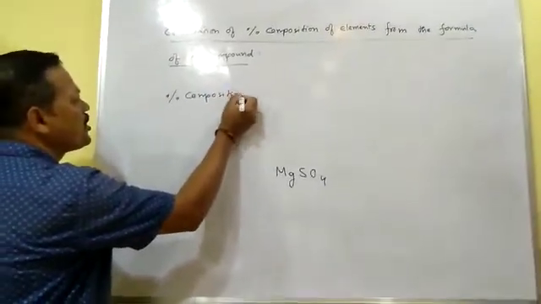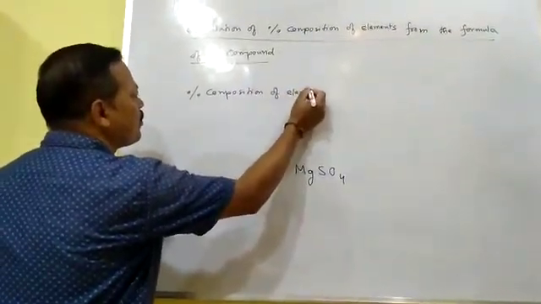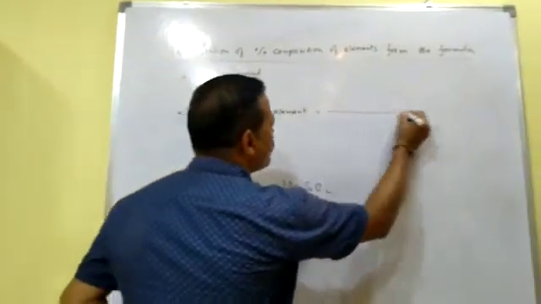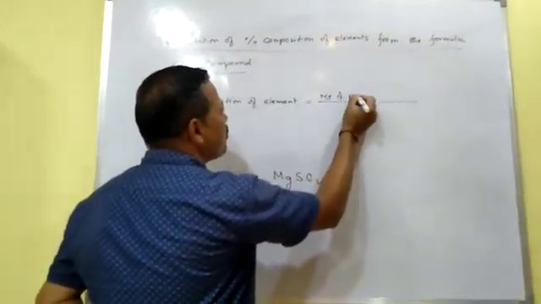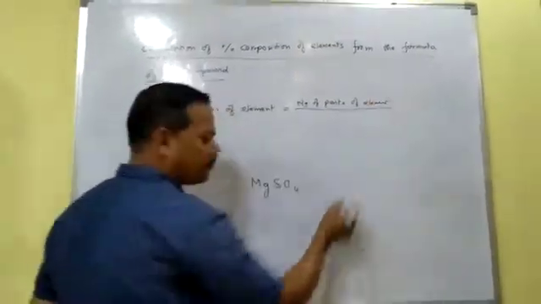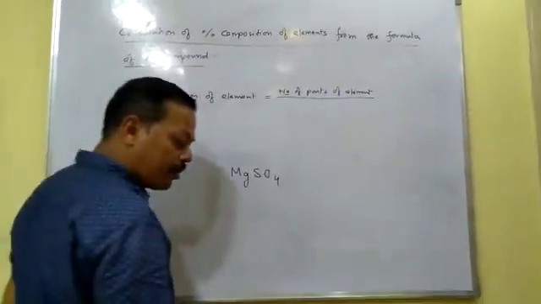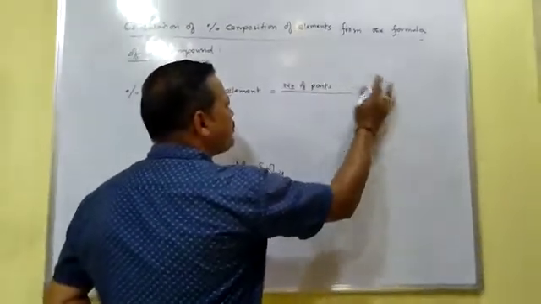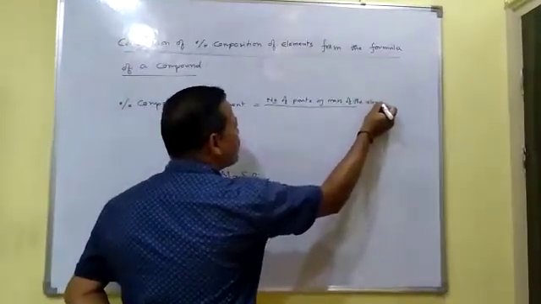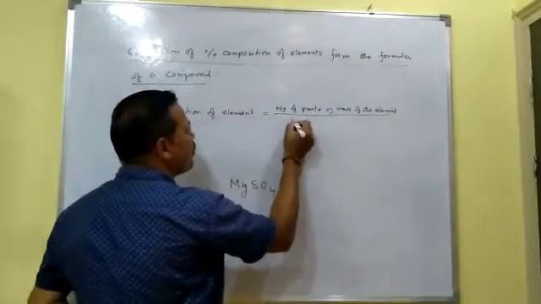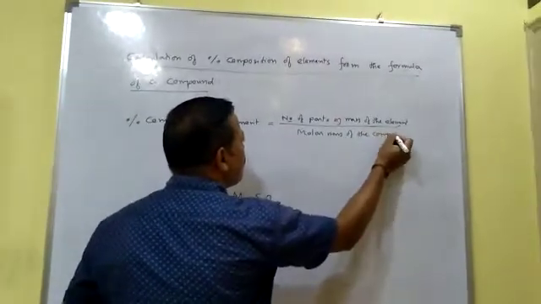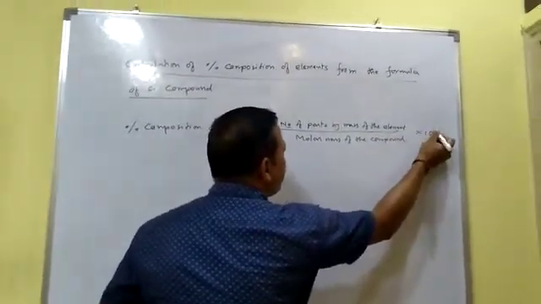Percentage composition of element is equal to number of parts by mass of the element divided by molar mass of the compound, whole thing multiplied by 100.